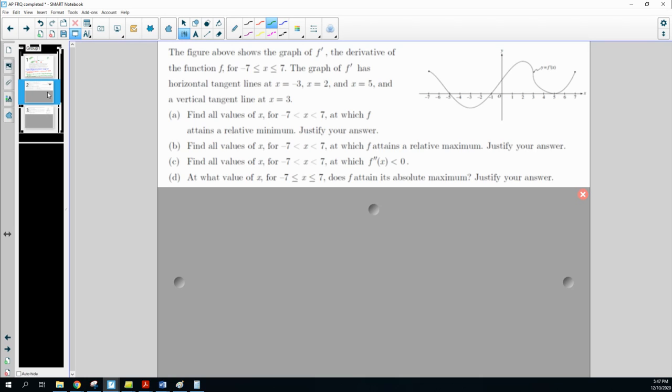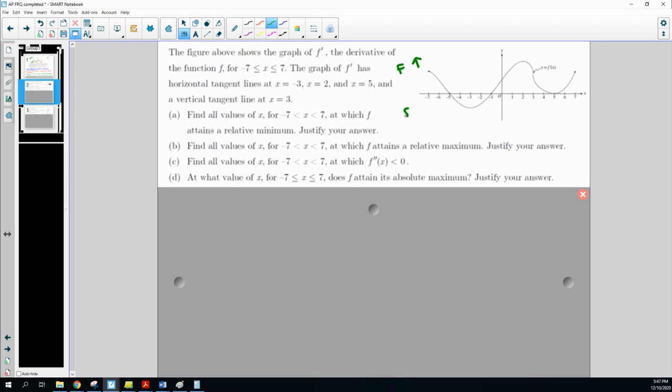So for part A, find all values of x for -7 to 7 at which f attains a relative minimum. Justify your answer. So again, similar to the previous question, for a relative minimum I'm going to look at the graph itself. And like we showed in the other problem, if it's above the x-axis, f is increasing.